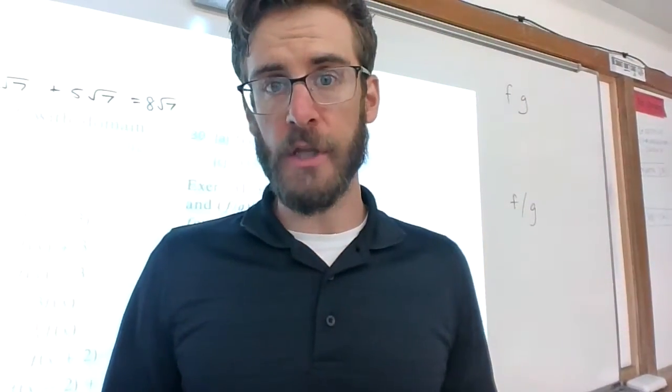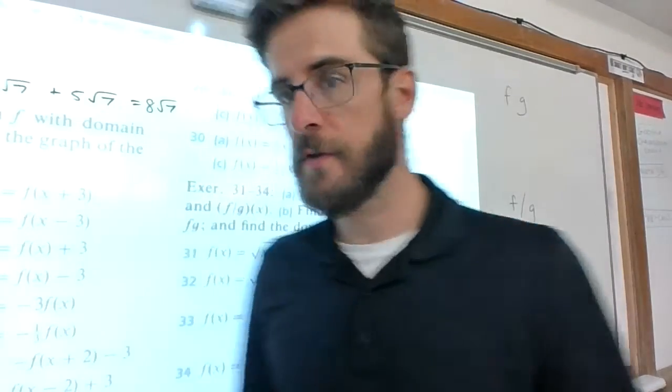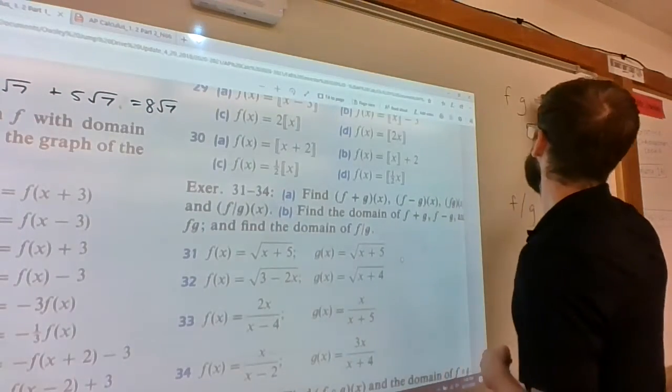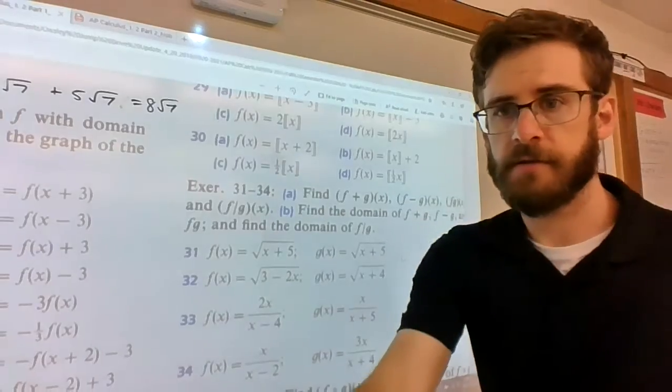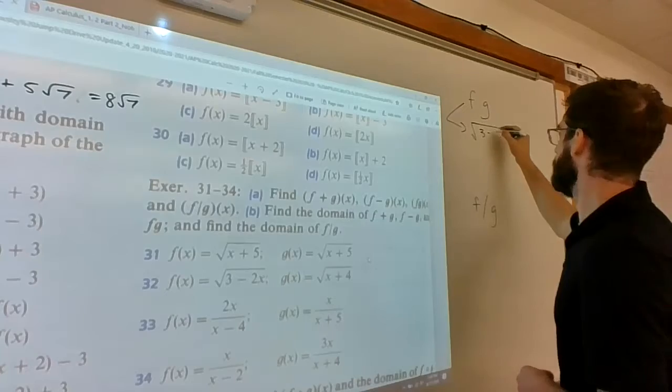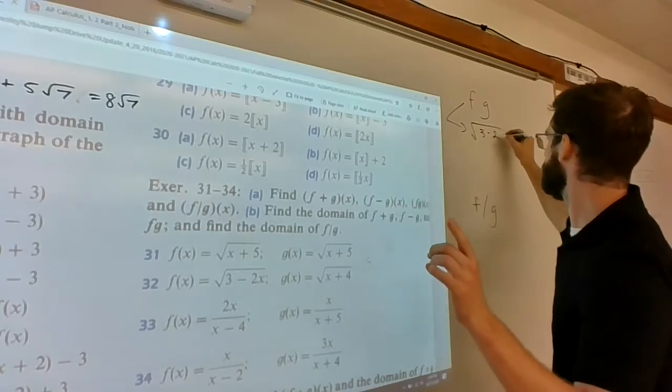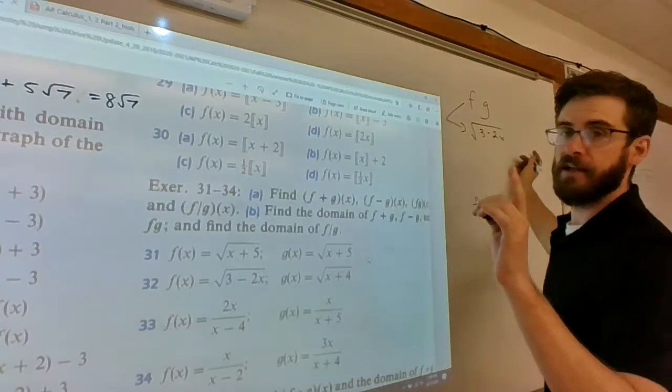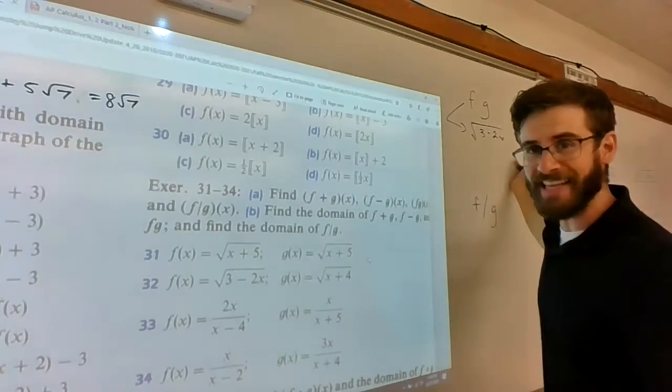If we come over here, we're going to look at the multiplication and division of those. So when multiplying, let's make sure we get the whole thing. When multiplying, you can multiply non-identical radicands.